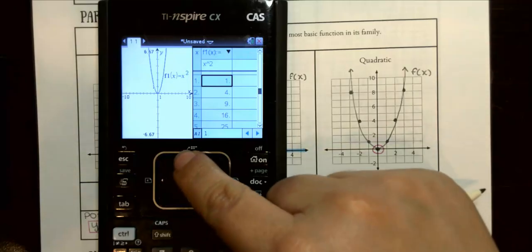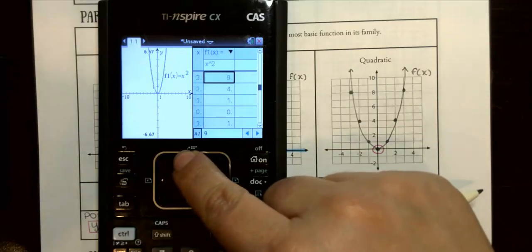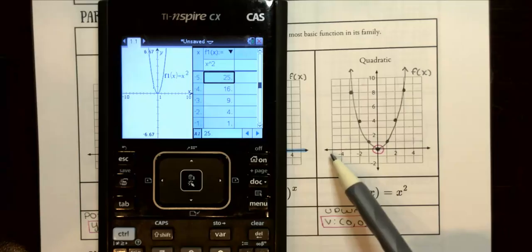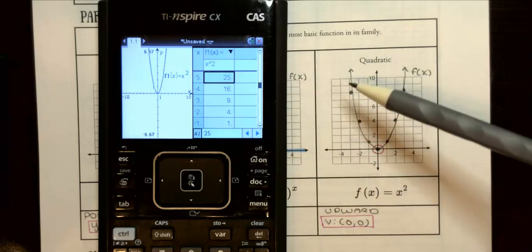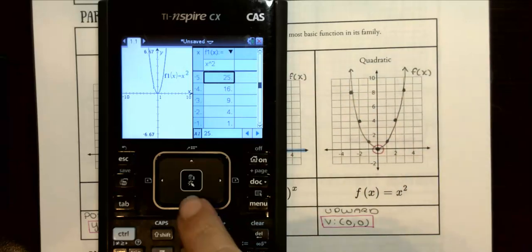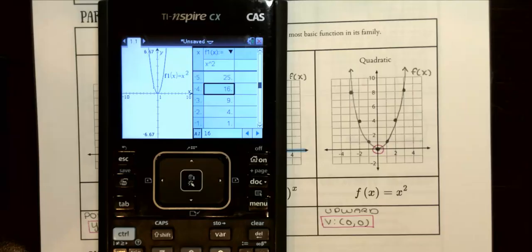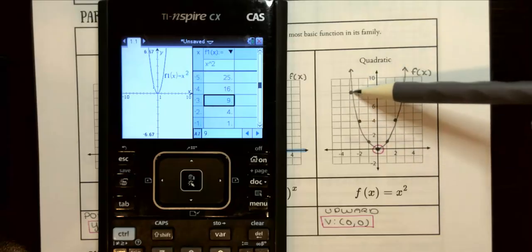So anytime I'm trying to figure out how to start this graph, I'm going to start with whatever the smallest x value is and then work my way through. Notice 25 is too big, so I'm going to skip it. Next comes -4. Notice 16 is too big, so I'm going to skip it. And then you'll see that the next number is -3, 9. And so that's this point right here.